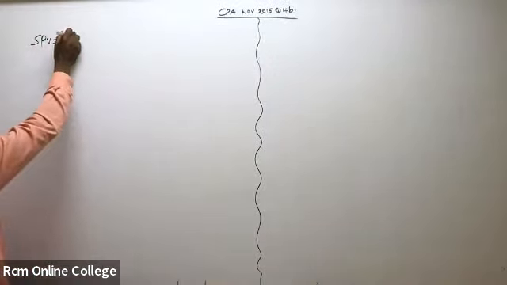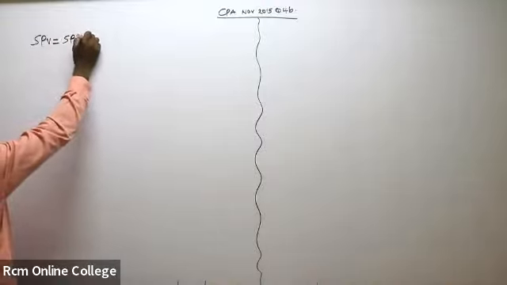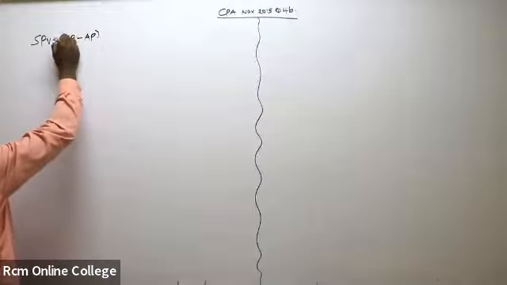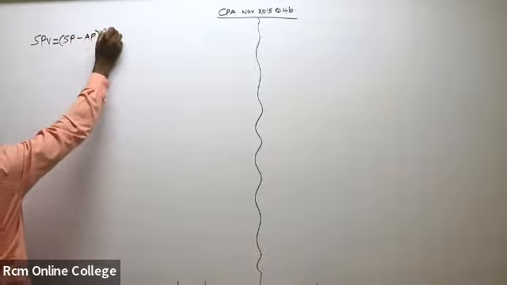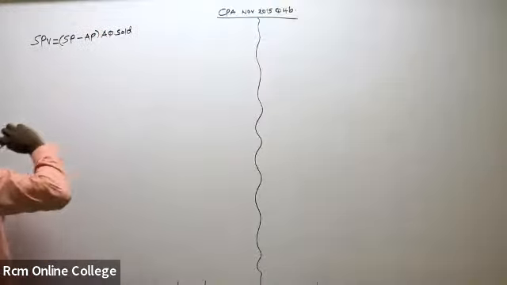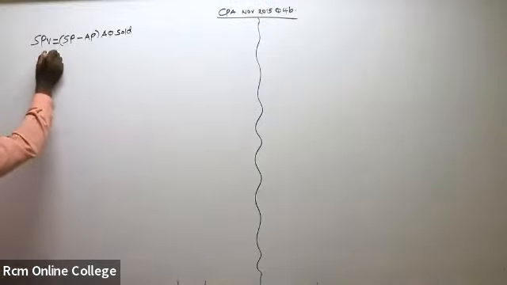It means you're going to look at the standard selling price compared with actual selling price. Then this we multiply by actual quantity sold.